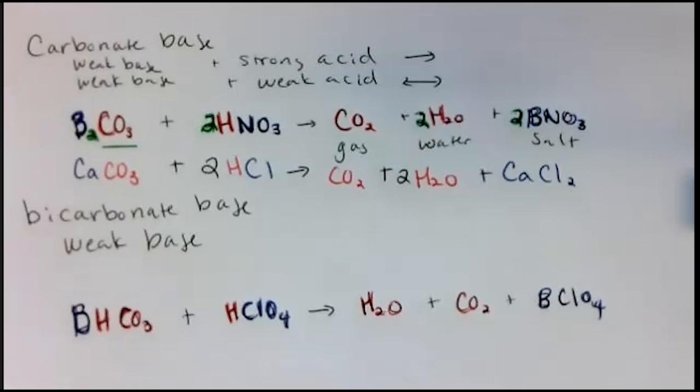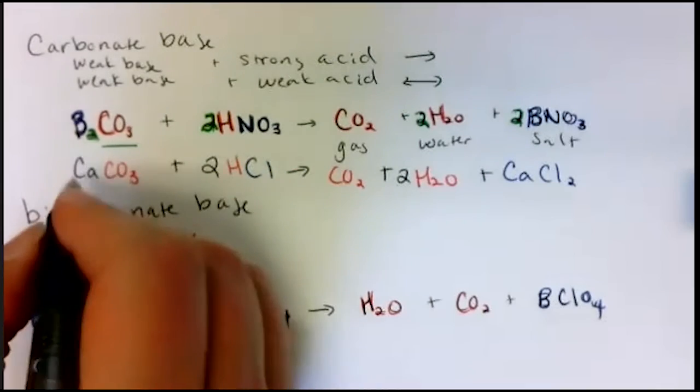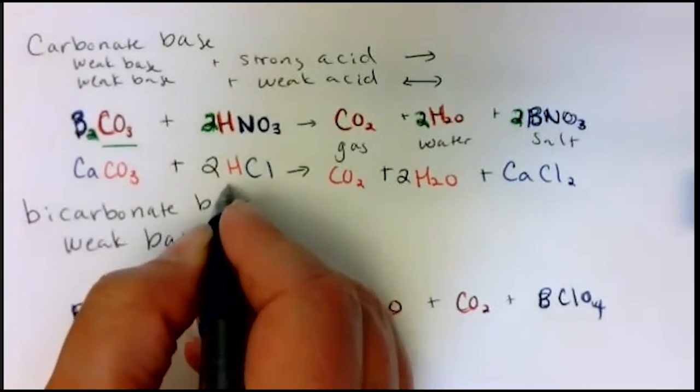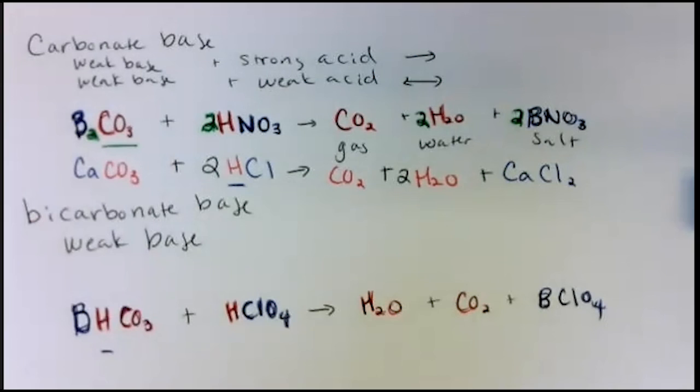But for a bicarbonate base, you only need 1 hydrogen because one of the hydrogens is provided in the base itself for your water. For a carbonate base, you have no hydrogens there, so you need 2 hydrogens. Both of those need to come from your acid.